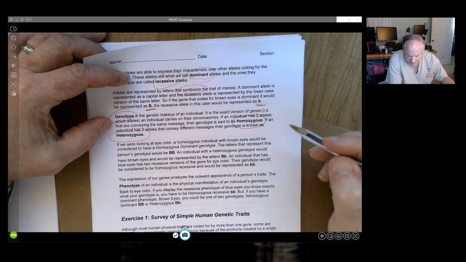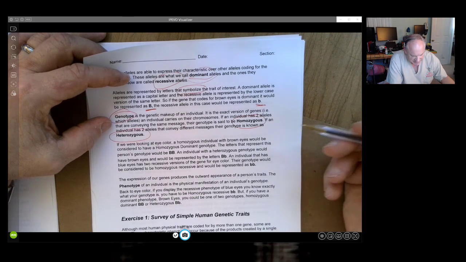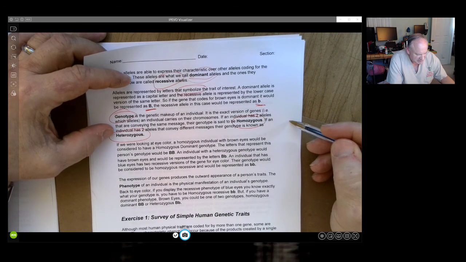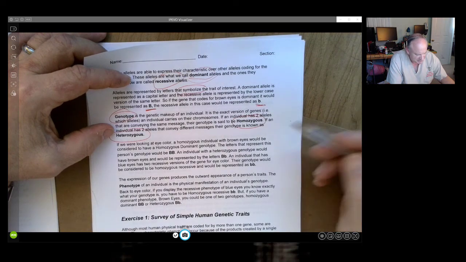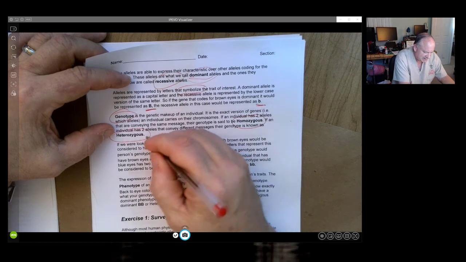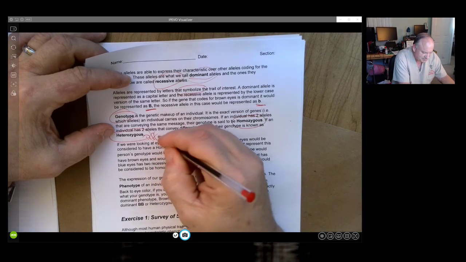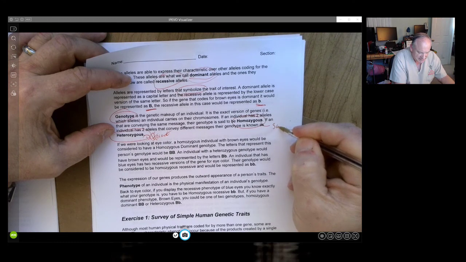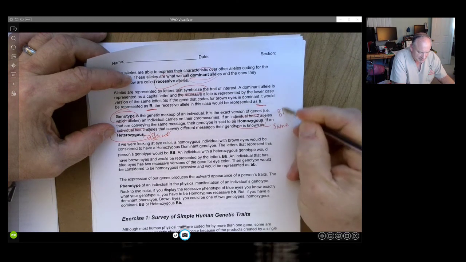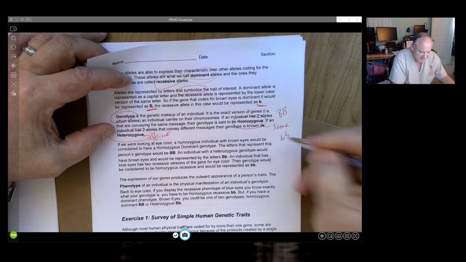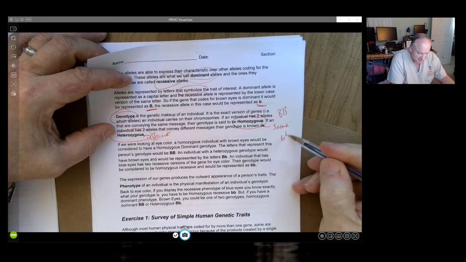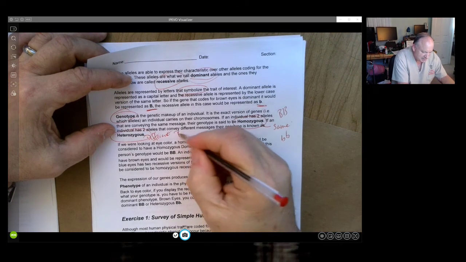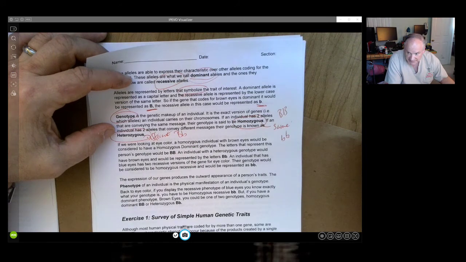Homozygous means that the traits are the same, or the characteristics are the same, so the two alleles are the same. And heterozygous means the two alleles are different. So this is different, and homozygous is same. So you may have big B, big B, or little b, little b. Those would be homozygous for a trait. Big B, little b would be heterozygous.